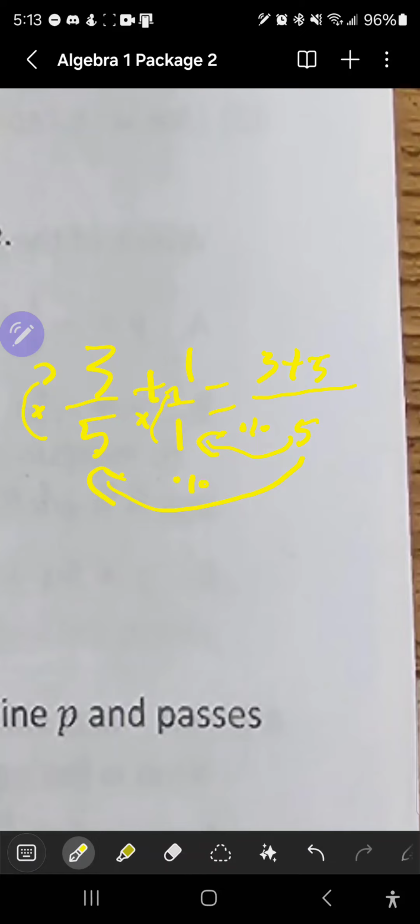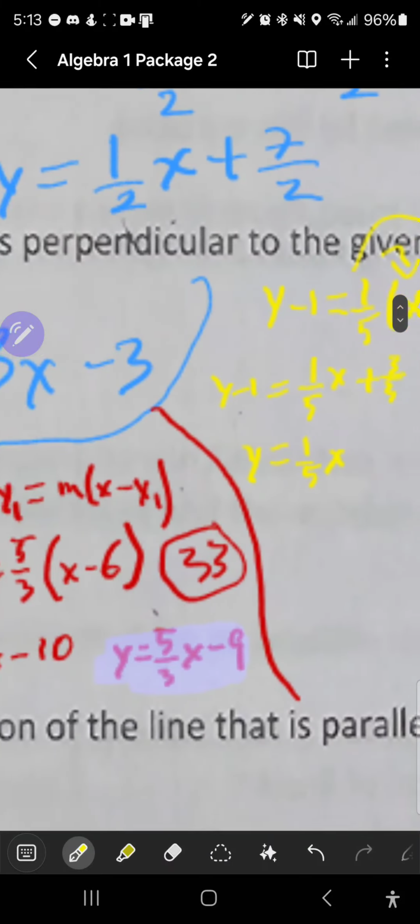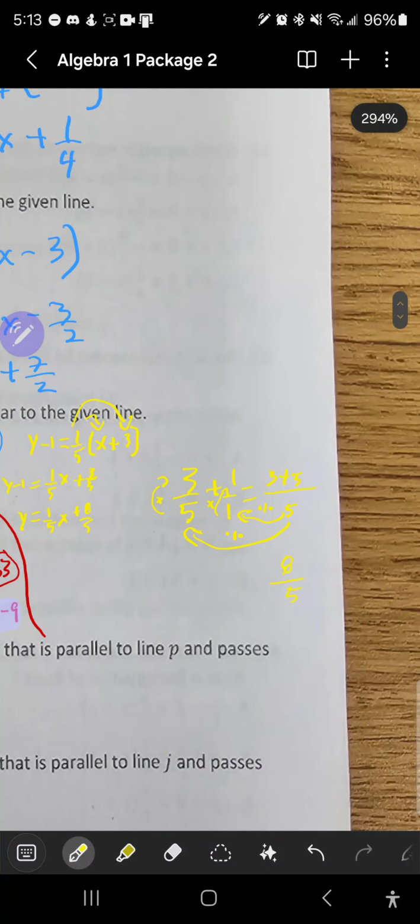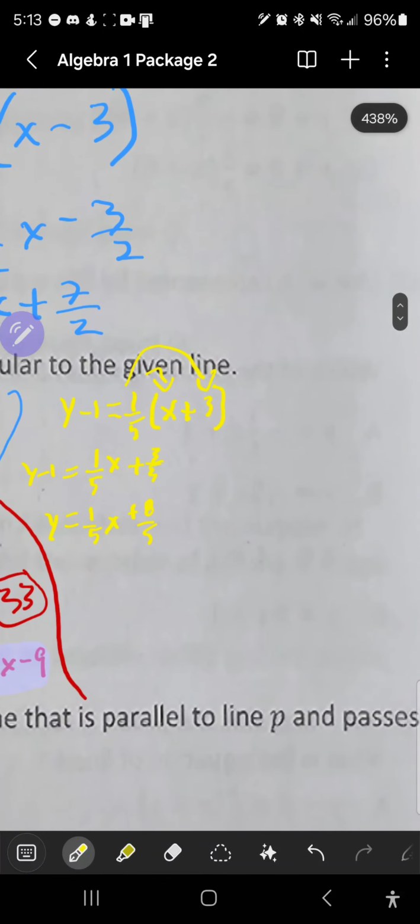And we got 3 plus 5 all over 5. 3 plus 5 is 8, so we get 8 over 5. And that's our answer. And this is number 34.